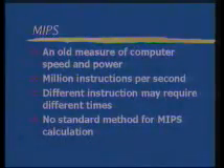That is why this terminology, million instructions per second, has become an old terminology, yet it gives us a broad indication that a given processor may be faster or slower than another processor. In the next slide, I am trying to define what MIPS stands for.